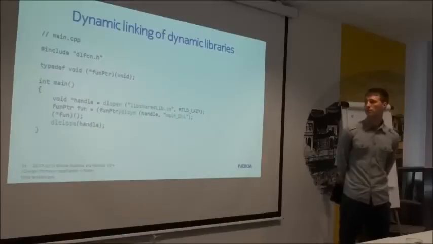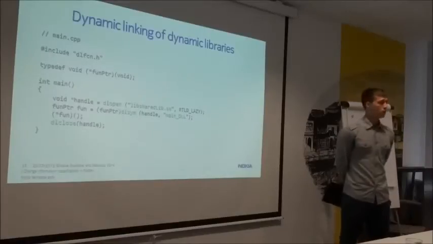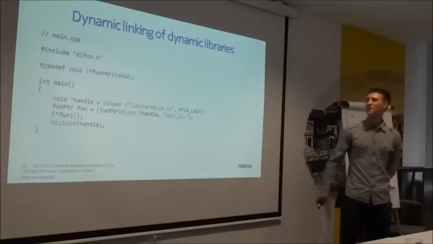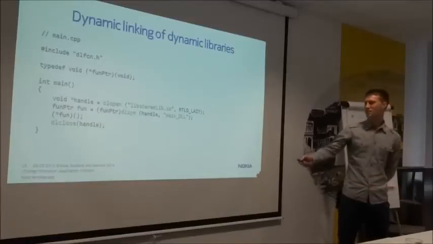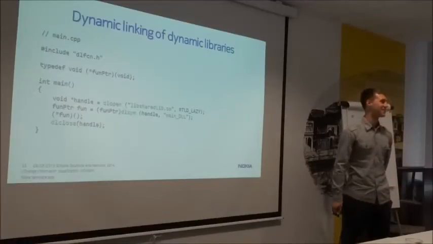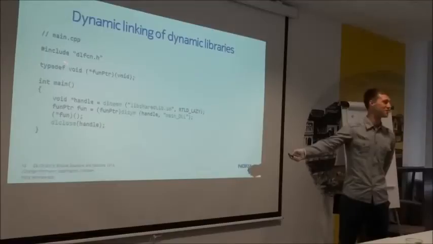Okay, exactly. I have noticed about this example that we are losing type safety. You can also say that we are not checking this handle for whether it is valid or not.